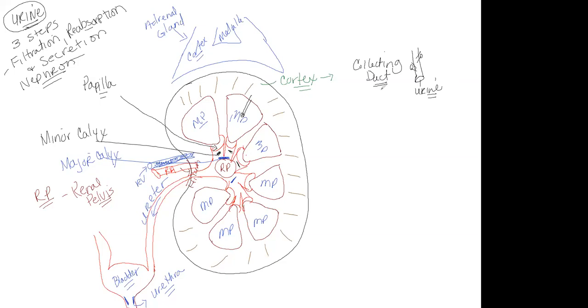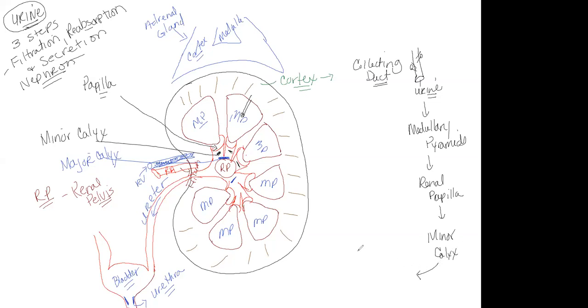From the collecting duct, this urine will travel through the medullary pyramids. We always got to have a flow chart. From the medullary pyramids to the renal papilla. From the renal papilla, it'll flow into the minor calyx.